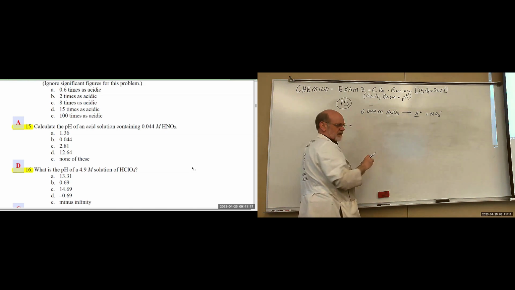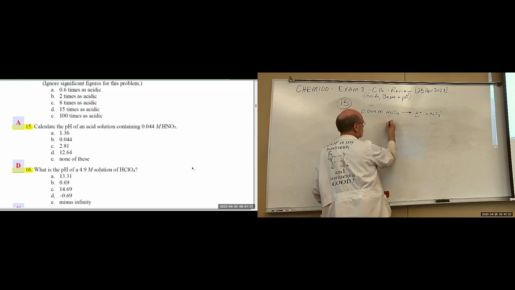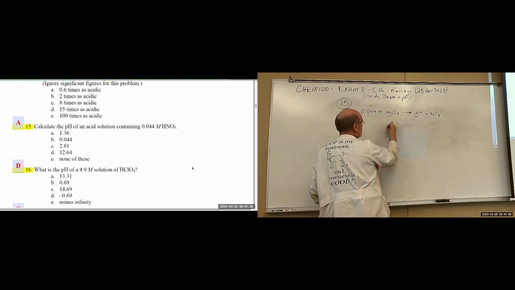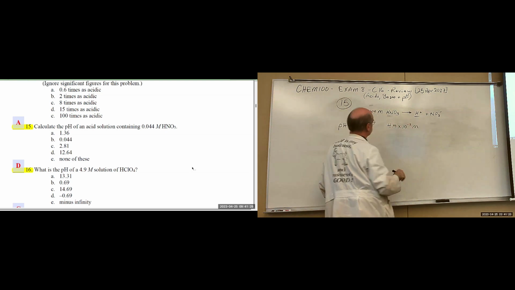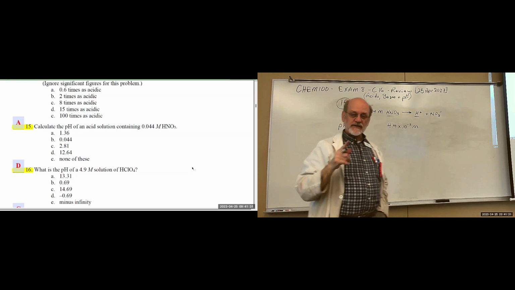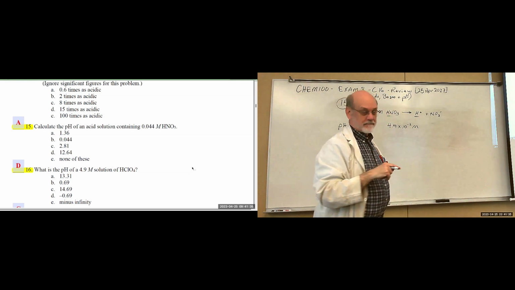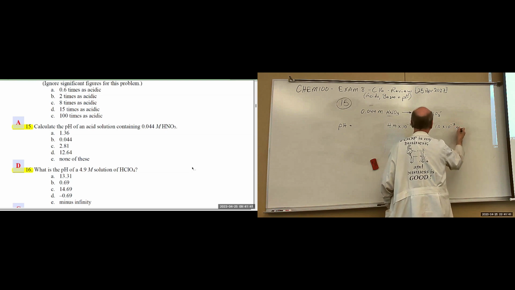But just as a cautionary note, let's write this concentration in scientific notation, 4.4 times 10 to the minus 2 molar, right? What's the concentration of hydrogen ions in pure water? Pure water would be 1 times 10 to the minus 7 molar.